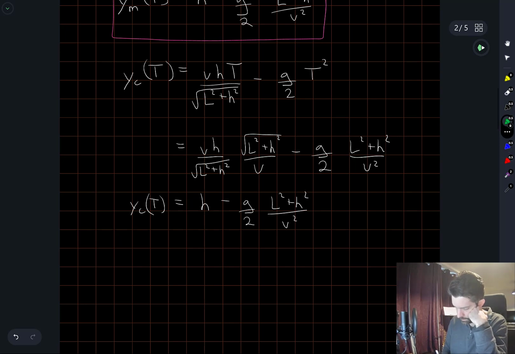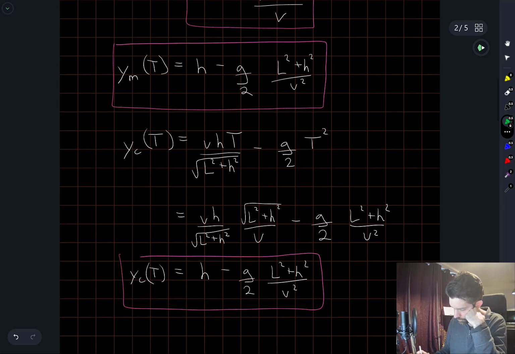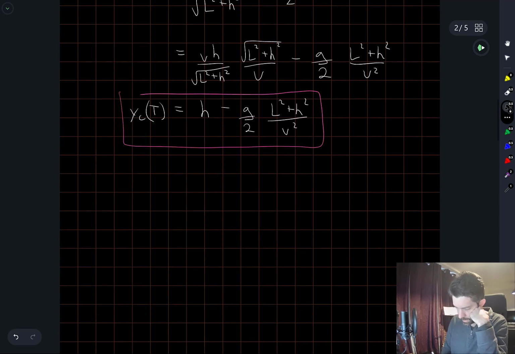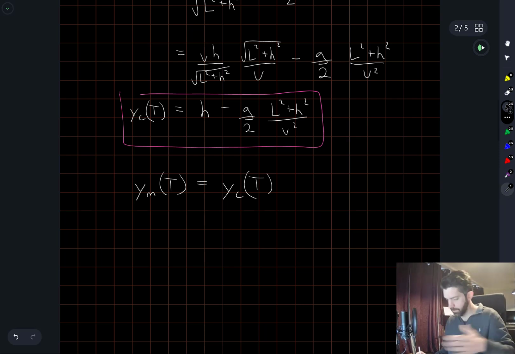And this is the same as the position of the monkey, right? Both of these expressions here are the same, meaning that the cannonball does hit the monkey when it crosses that vertical plane.